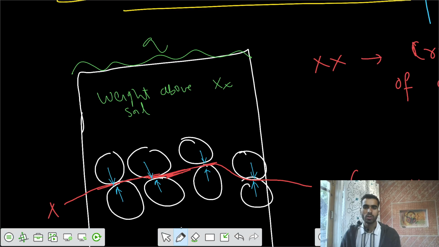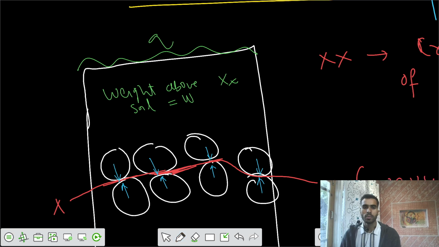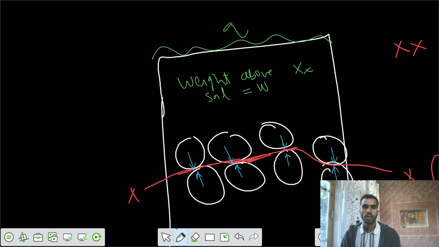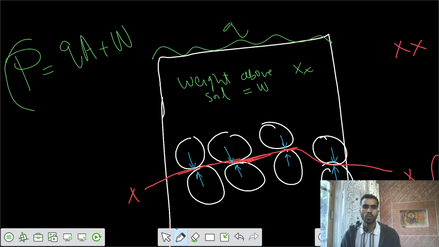Let's say the weight of the soil above that cross section is W, such that the total force P is Q into the cross-section area plus the weight W. So that's the total force P above that cross section XX.